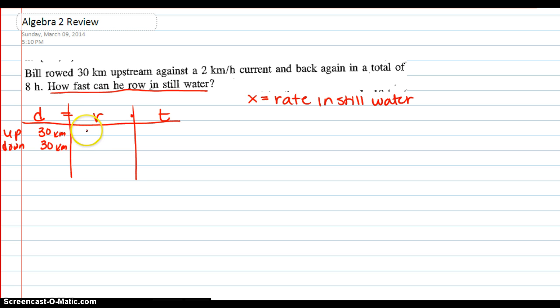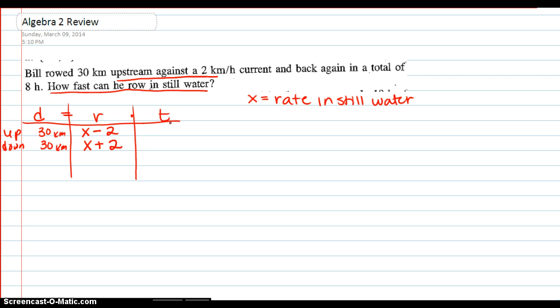The rate upstream, it says it's upstream against the current, so that's Bill rowing, but minus the 2 kilometer per hour current. When he's going downstream, he's still rowing, but he's getting pushed, so it's plus 2 kilometers per hour. And it says the whole total of the trip is going to be 8 hours.